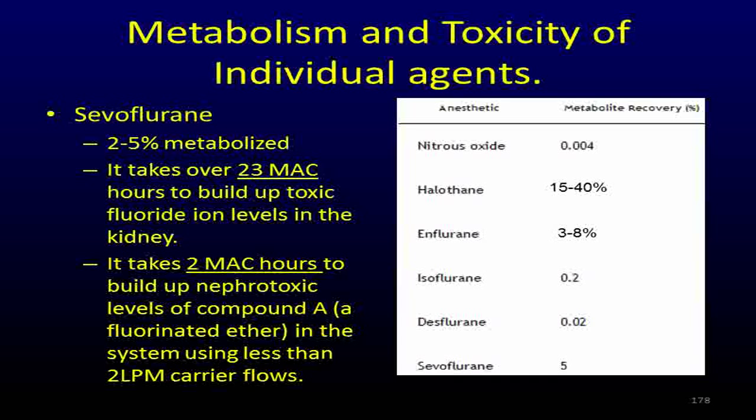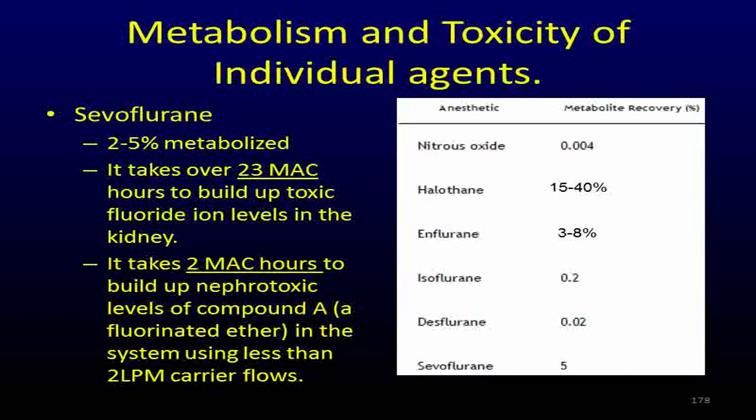Here is the importance of MAC hours for you. For your purposes, right here, this slide. I told you that sevoflurane is sweet and relaxes bronchial smooth muscle, but if you forced me to pick a drug that was probably not the best for the kidneys, it would be sevoflurane, because it does two things.